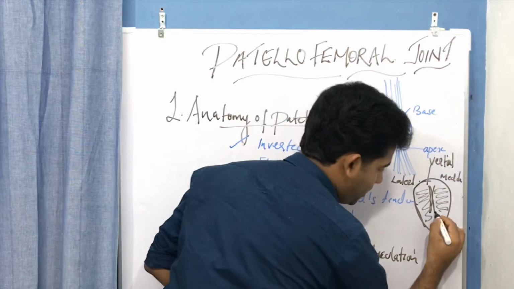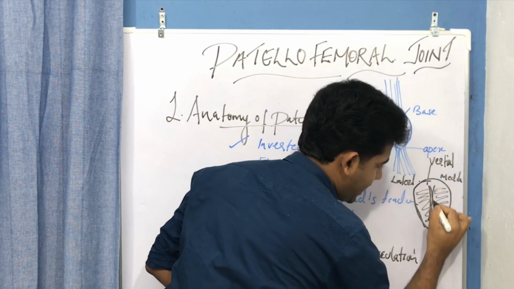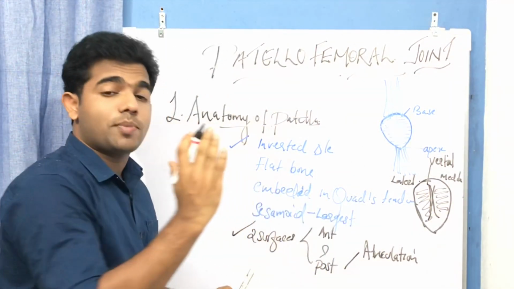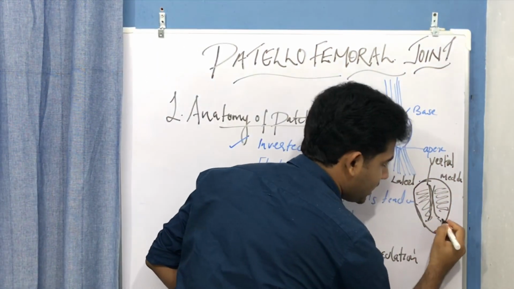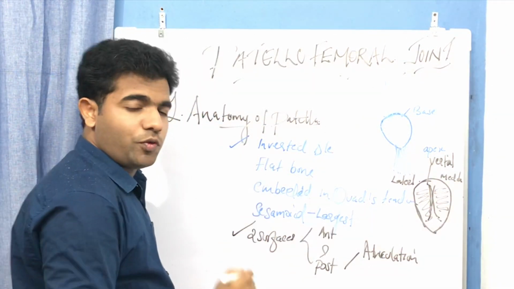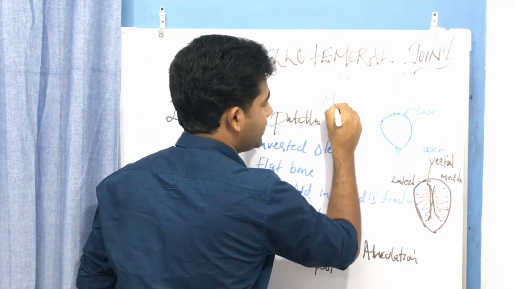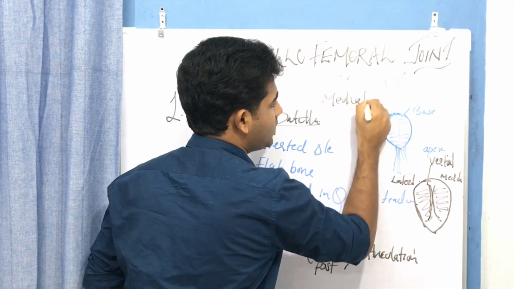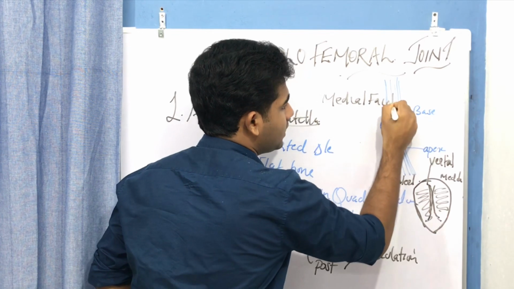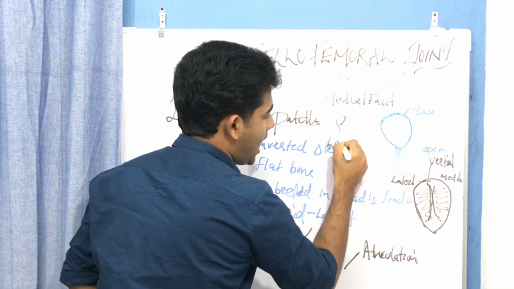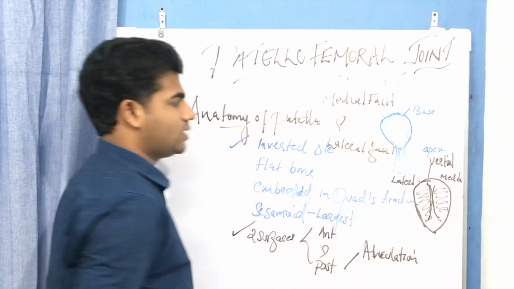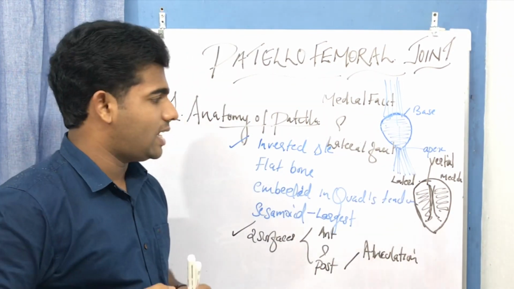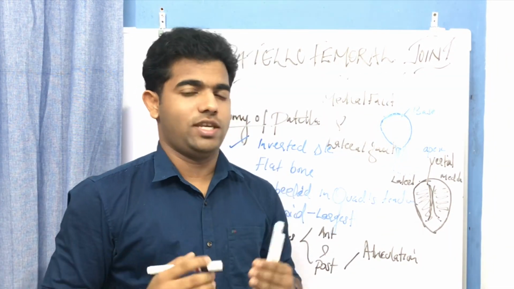See, this central ridge divides the patellar articular surface into a medial articular facet, and here you have the lateral facet. Yes, the medial and the lateral facet.